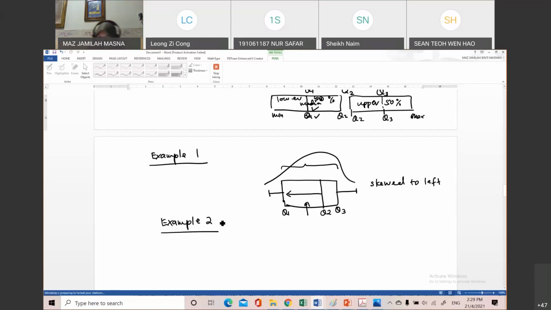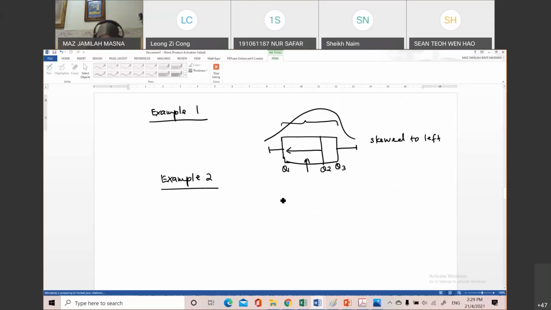Now, what if you have equal sizes? Assume that this one and this one are the same, and you have this particular whiskers also the same. This is where you will have a symmetric distribution.